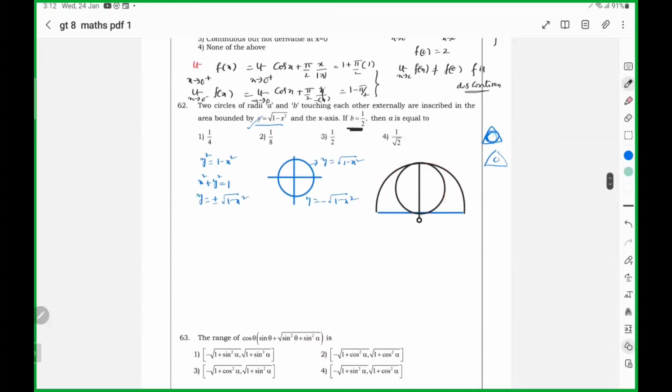So b as half means its diameter will be 1, which is possible here.